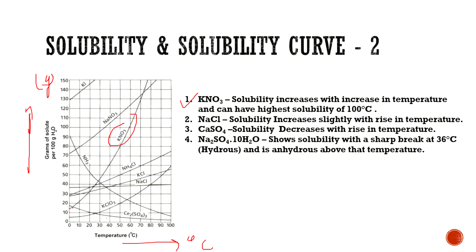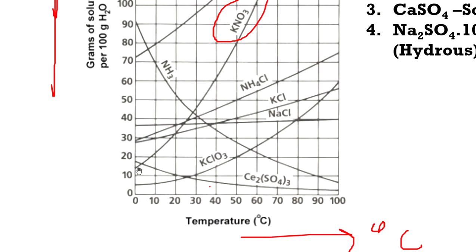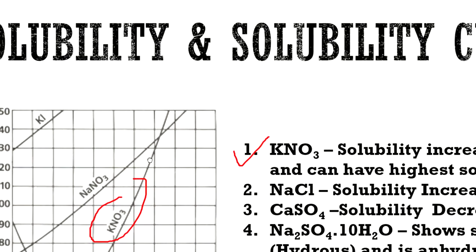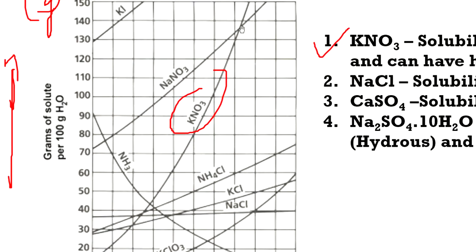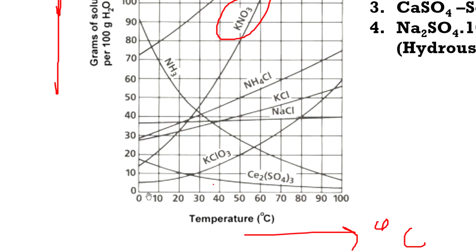If you take a closer look, let me zoom in. Look, KNO3, it is at 15 gram of solute, and it reaches 150 gram of solute. What is the effect of temperature? The potassium nitrate was at 0 degrees Celsius.